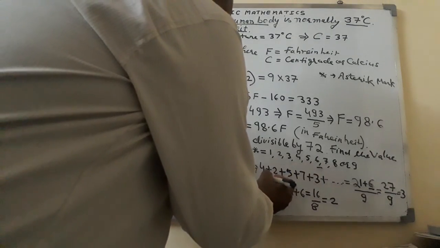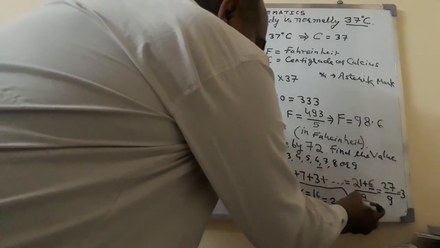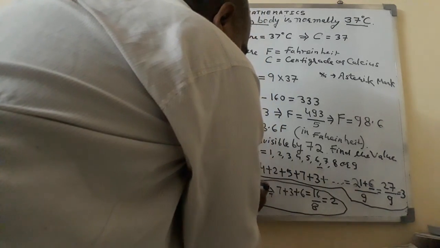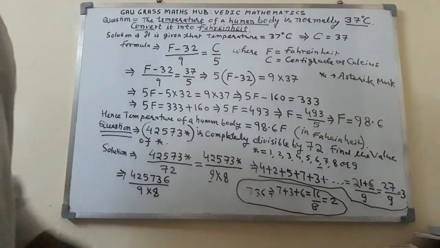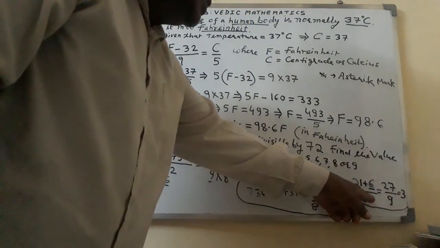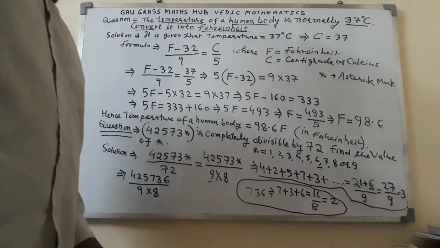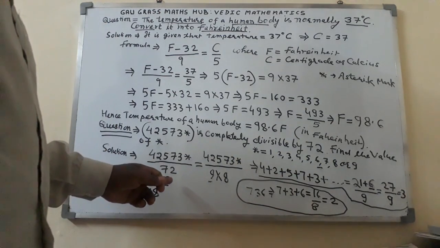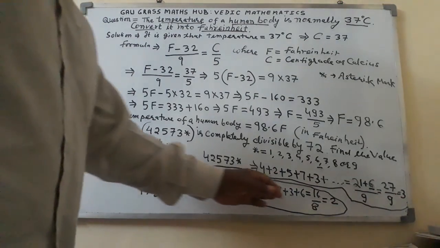This is the divisibility rule of 9 and this is the divisibility rule of 8. The divisibility rule of 8 says the last three digits, 736, will be added together.